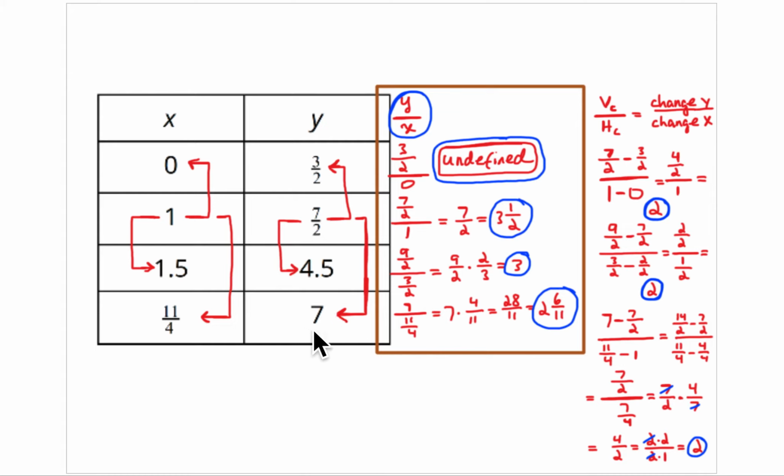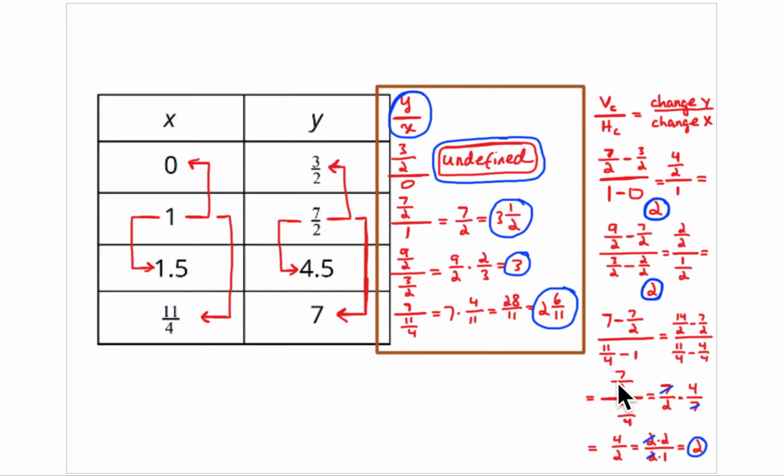So the change in y is 7 minus 7/2, which is the same as 14/2 minus 7/2. And 11/4 minus 1 is easier to look at as just changing the 1 to 4/4. So 11 minus 4 is 7/4.